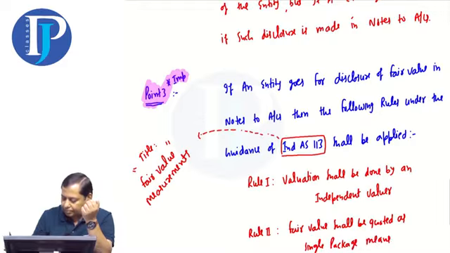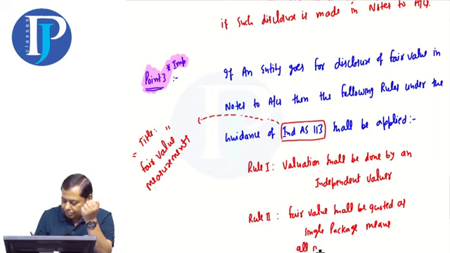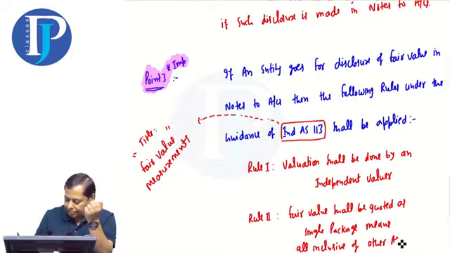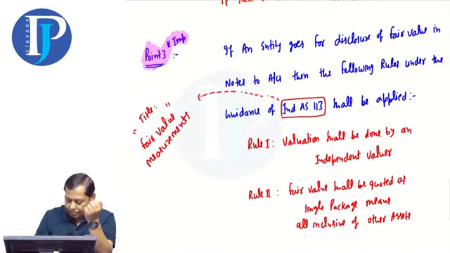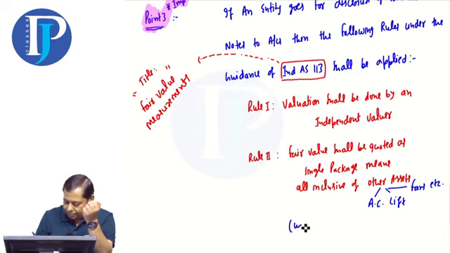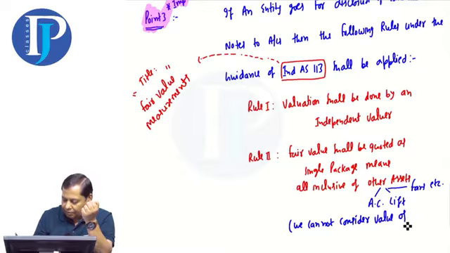It means all inclusive of other assets, AC, lift, fans, etc. We cannot consider value of other assets.